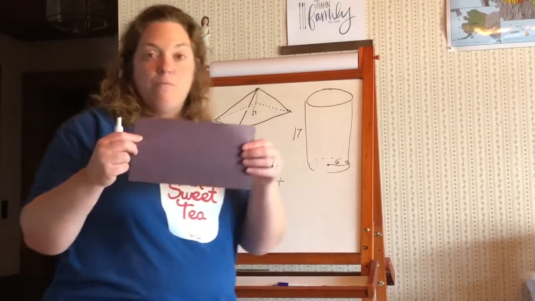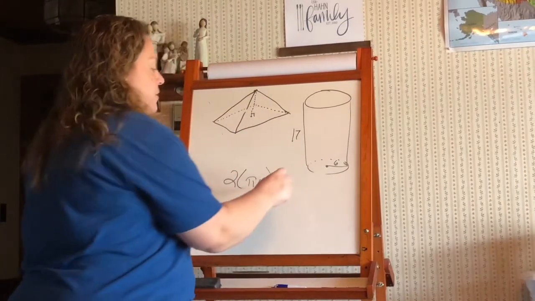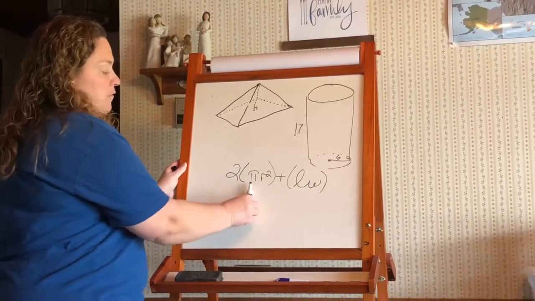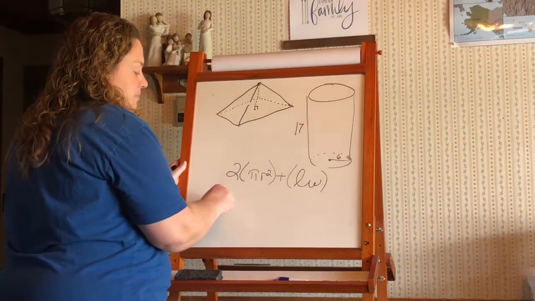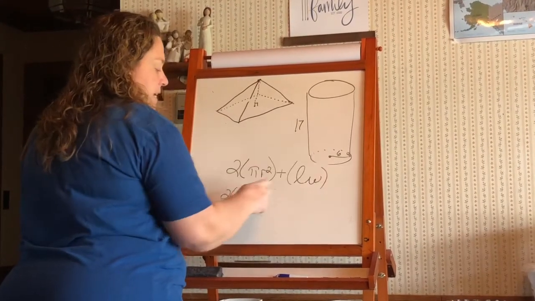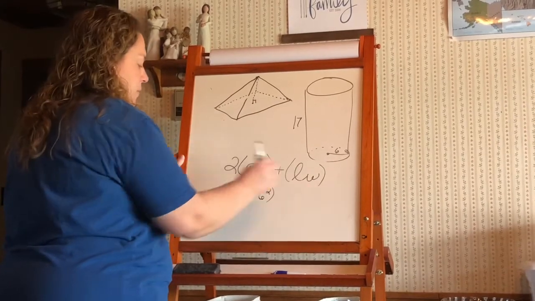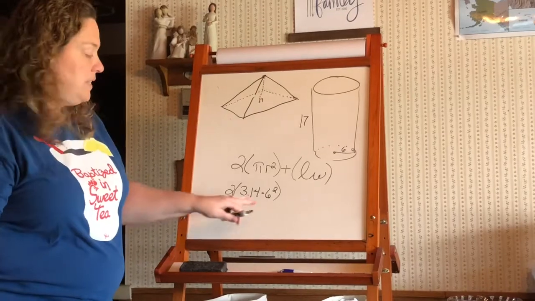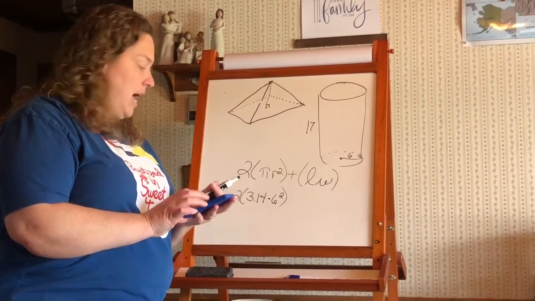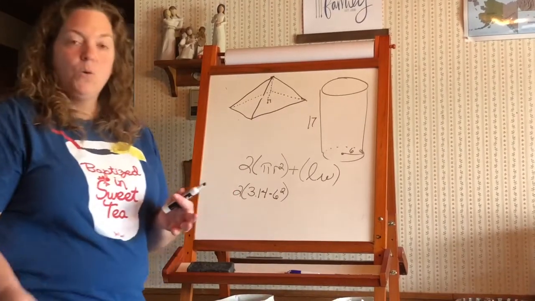We know the formula for the area of a rectangle is length times width. So first let's figure out the area of one circle. 2 times pi r squared, and we'll come back to that one. We know 6 squared is just 6 times 6, which is 36, times 3.14 is 113.04.